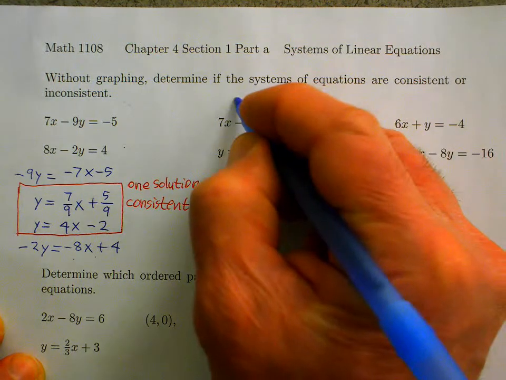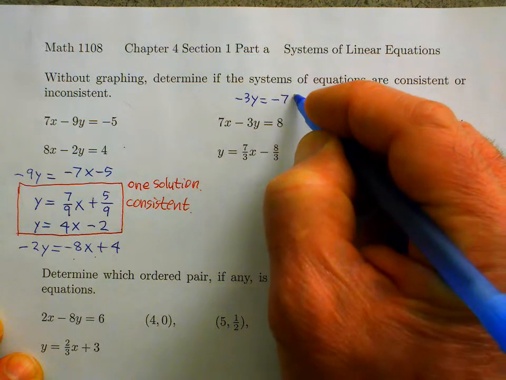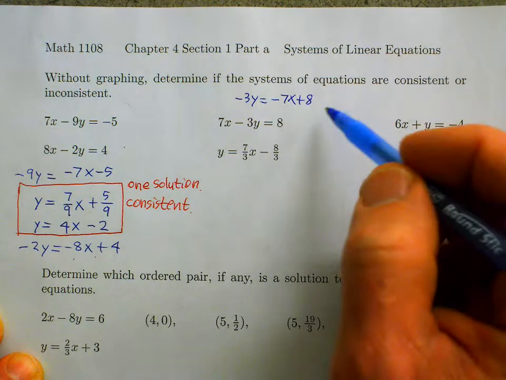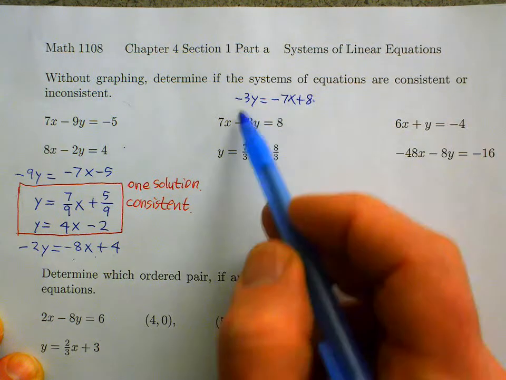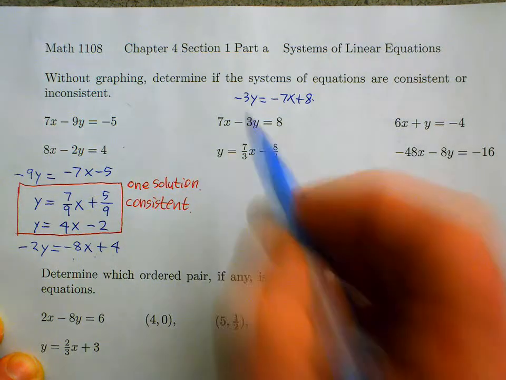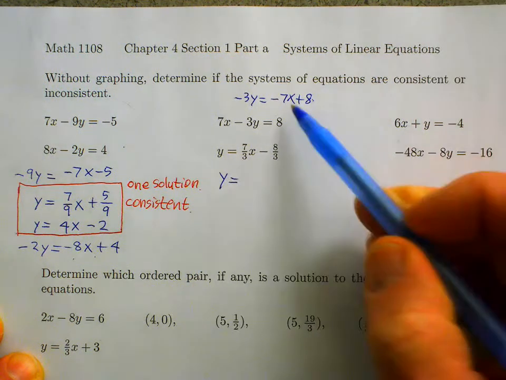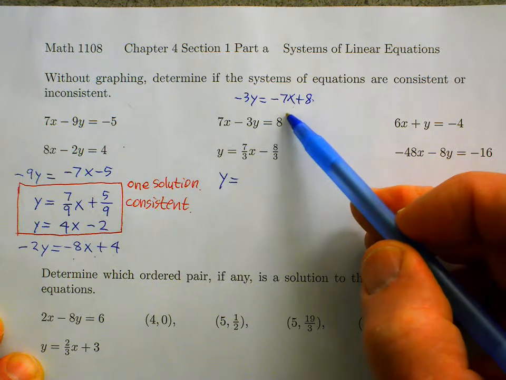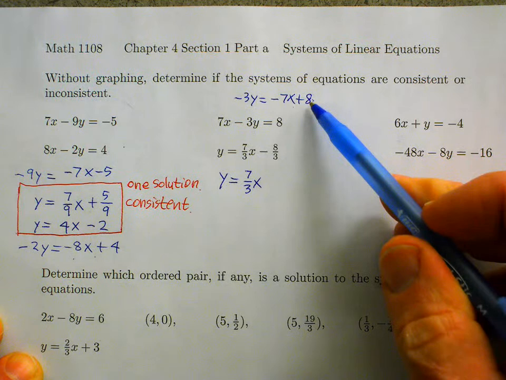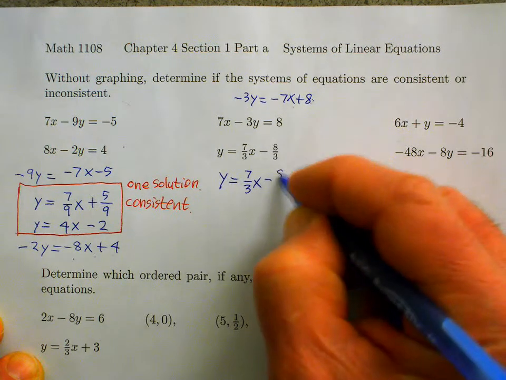So we subtract 7x from both sides, and then divide every term on both sides by negative 3. Negative 3y divided by negative 3 is y. Negative 7x divided by negative 3 is positive 7/3 x. 8 divided by negative 3 is negative 8/3, so we write minus 8/3.